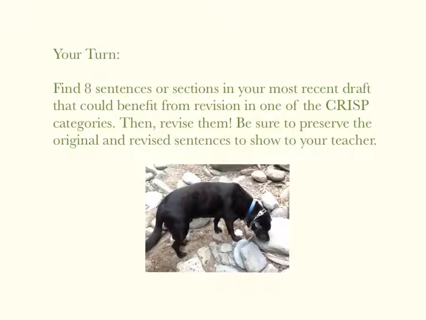Just try to look for sentences that could use improvement, and then think about them through these lenses, and which of the categories would benefit the sentence most to revise for, and then revise them. And be sure to preserve a copy of the original sentence and the revised one, so you can show the sentences to your teacher, and she can consult with you on how the revision process is going.